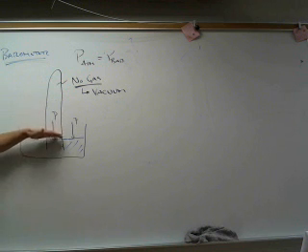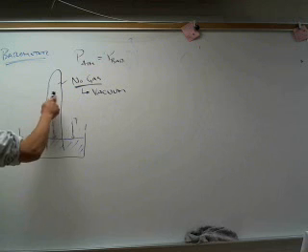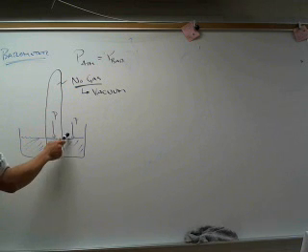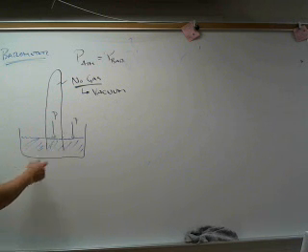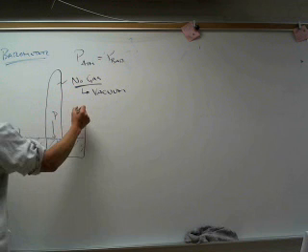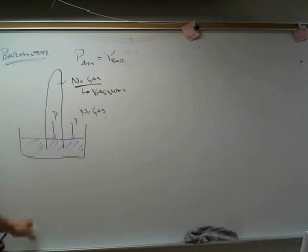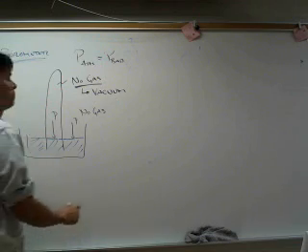The way we're going to get this perfect vacuum here is if we had a perfect vacuum in this room. Do you think that's possible? No, but if we did, if we had no gas outside and no gas inside, then what is the pressure?